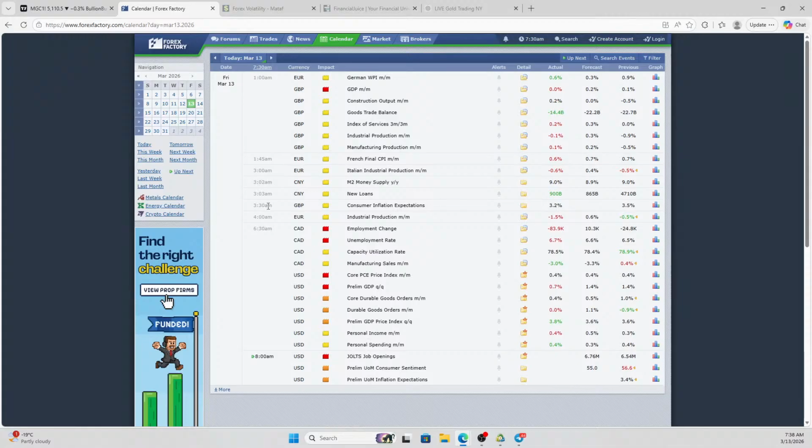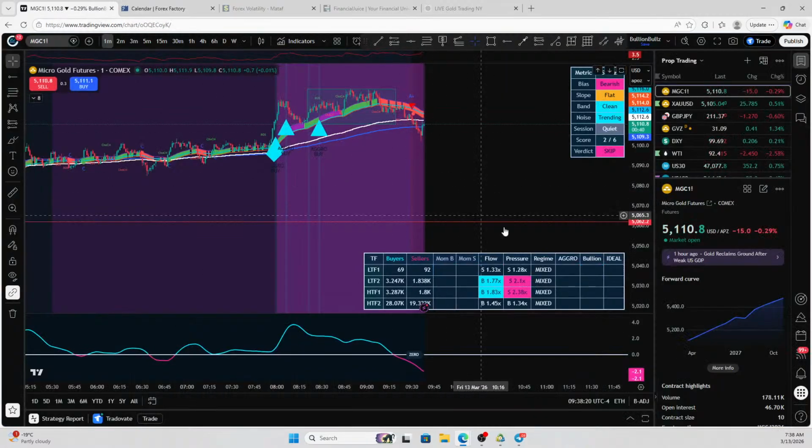Normally red news events are high volatile days, so you want to keep an eye on those. You don't want to be trading 30 minutes prior to a news event, and you only want to be trading 15 minutes after the news events have dropped. Those are the only times you want to be looking for setups.